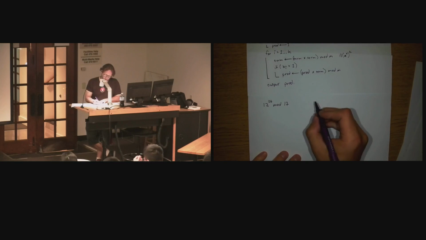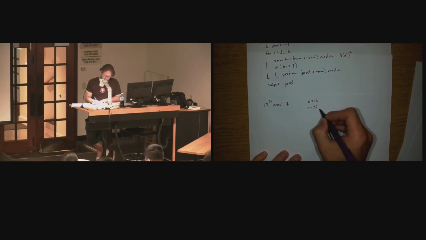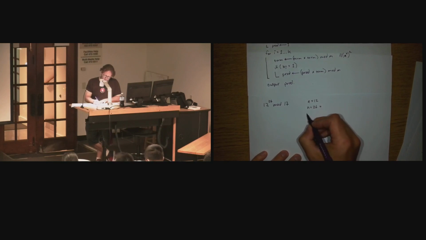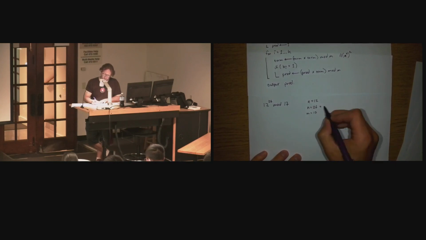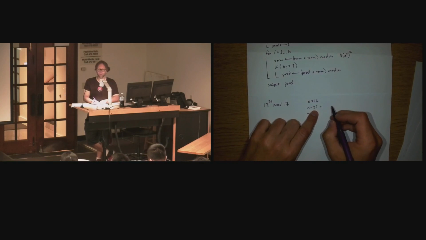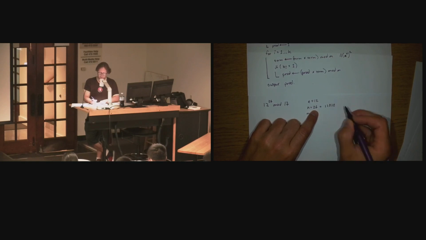All right. So a is 12. n is 26, and let's go ahead and convert that to binary, and m is 17. So help me convert 26 to binary. So it's going to be 16, 8, no 4, 2, and no 1.